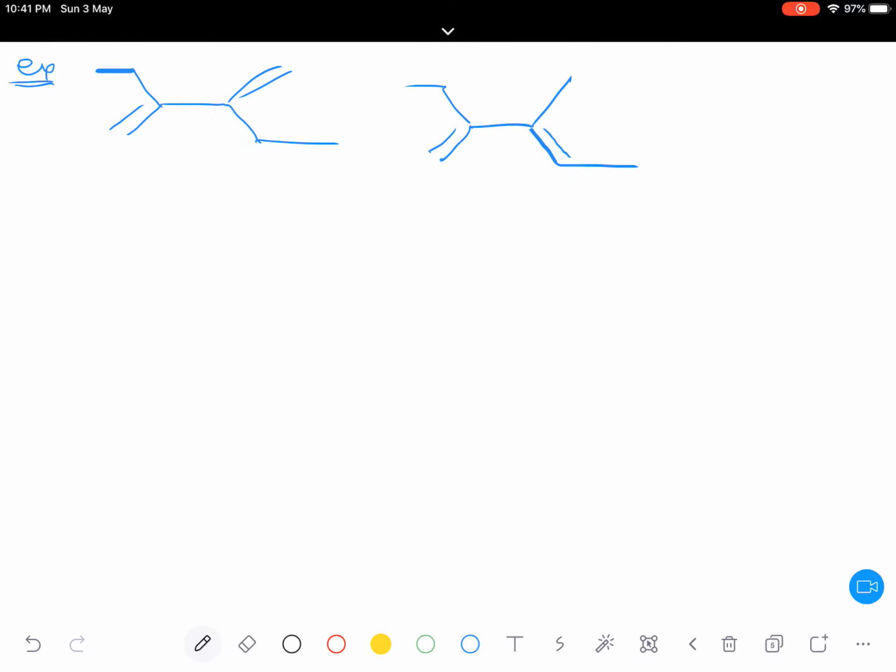That is the mistake you are likely to make. Here the parent chain is 1 2 3 4, that's how I can do the numbering. While here the parent chain is 1 2 3 4 5. So the IUPAC names will come out different; they have the same molecular formula but different length of chain. So compound 1 and compound 2 are chain isomers to each other.